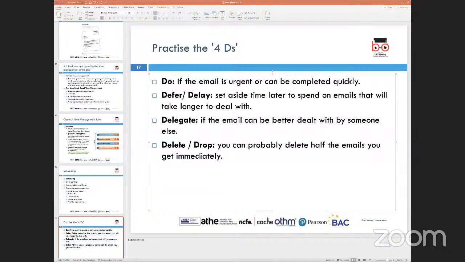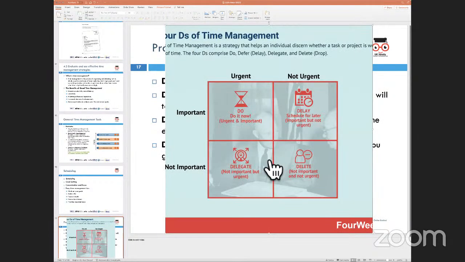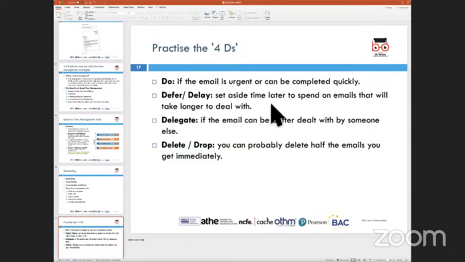So when we talk about these types, we can classify them again into Eisenhower's urgent-important principle. And when we talk about this in general, that would be quite important, because you would want to put this into some sort of a matrix. And that matrix would essentially be the 4 Ds of time management.